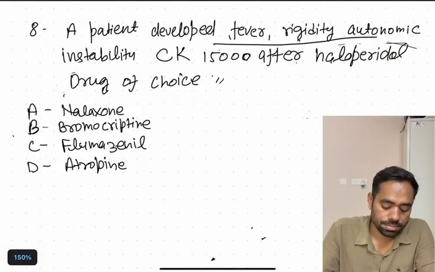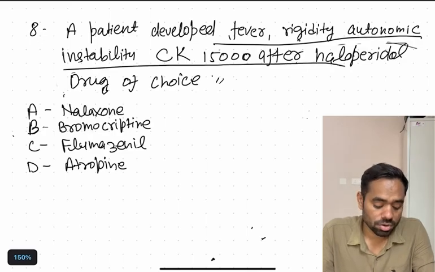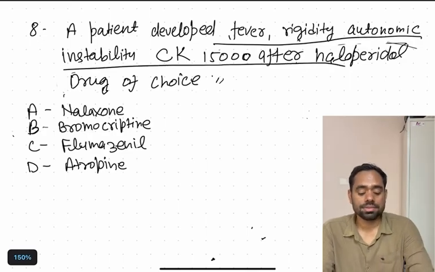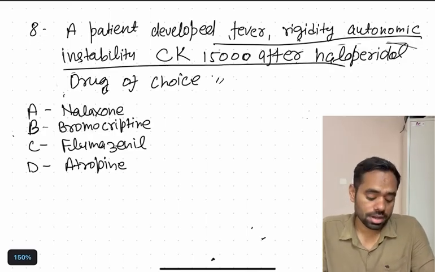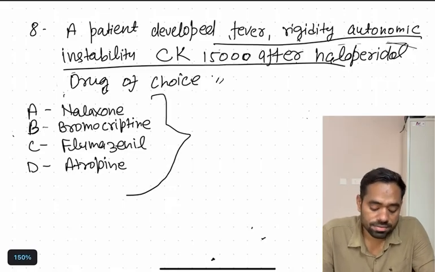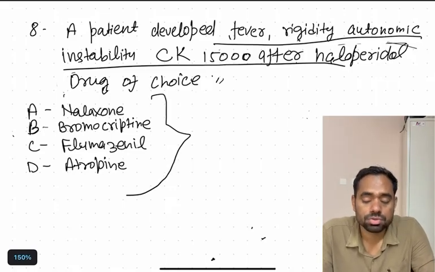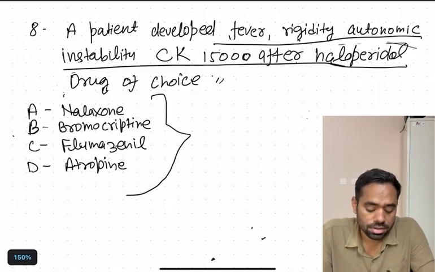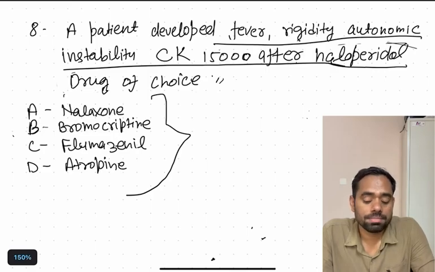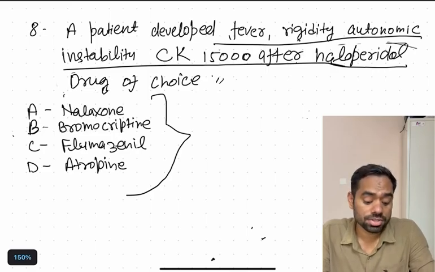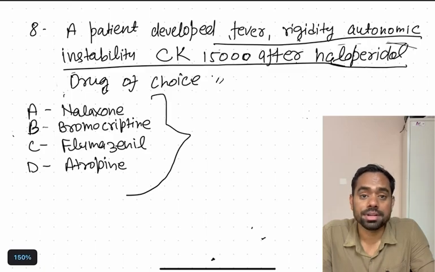Next is a patient who develops fever, rigidity, autonomic instability. CK is 15,000 after haloperidol. Drug of choice? First of all, you should make the diagnosis. After giving haloperidol, the patient develops rigidity, autonomic instability and fever, and creatine kinase is 15,000.